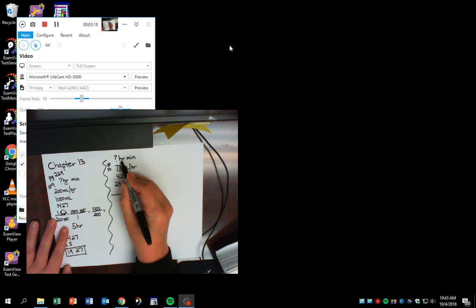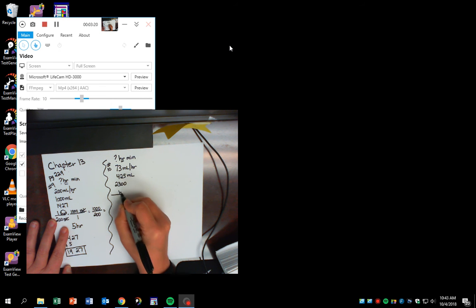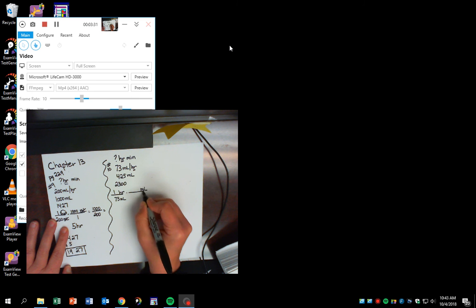So starting with solving for our hours here. So I found my hours here. So 1 hour. In 1 hour, 73 milliliters are going to infuse. This is milliliters. Milliliters has to come here. So I'm going to plug in my other milliliter volume there. Milliliters would cancel out.